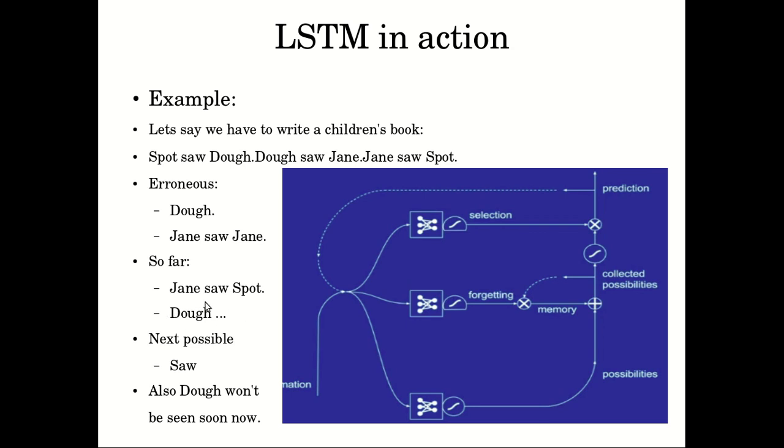And now let's say this is the current input, Duck. Since the previous output was a period, the viable predictions are Duck, Jane and Spot, and the current input is Duck. So we have two vectors which are passed on to all three of these gates. The gates have already learned the weights. So here the gate would now predict that the possible output for this input is saw.